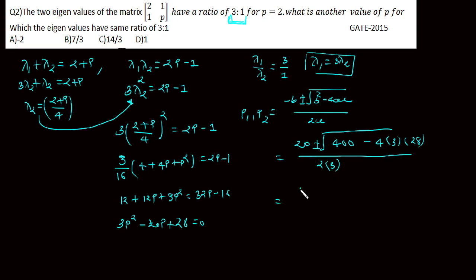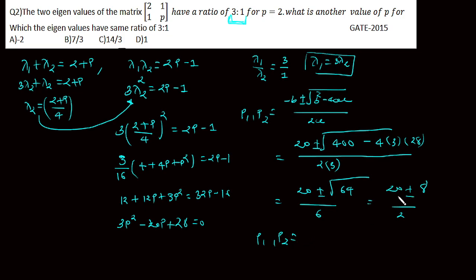So after that we are getting simply 20 plus or minus, let's simplify it. 400 minus 4 multiply 3 with 28, so we are getting simply just under root of 64 divided by here 6. So let's take square root of this 64, it's simply 8 divided by 6. Now take one time positive and one time negative, so we are getting the value of p1 and p2 respectively.